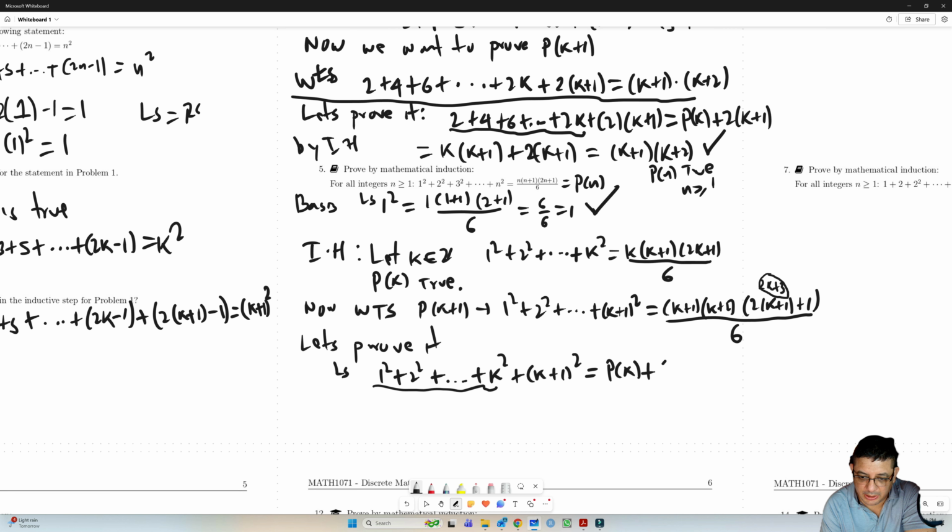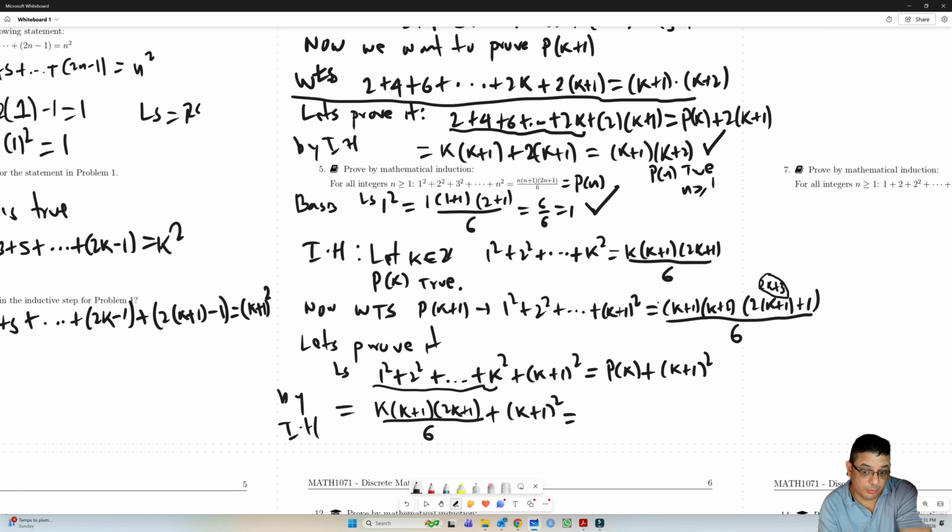So this is P of k plus (k plus 1) squared. Now, P of k by the induction hypothesis is equal to k times (k plus 1) times (2k plus 1) over 6 plus (k plus 1) squared.